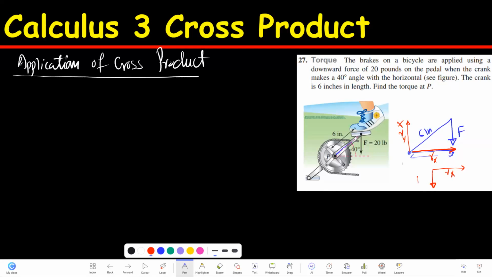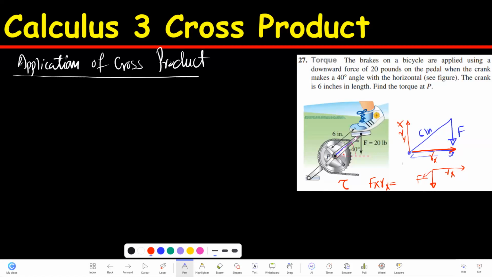So I'm going to take the cross product of these two: force times Rx. And I'm going to produce another quantity called torque, which is tau, the symbol for torque. And this torque should be perpendicular to both F and Rx. So really it's going to be towards us, right?